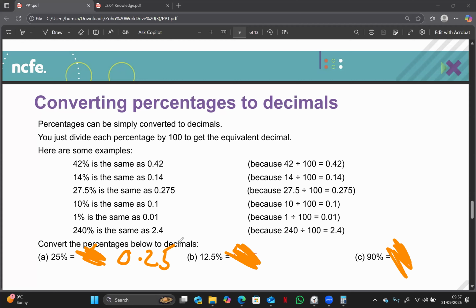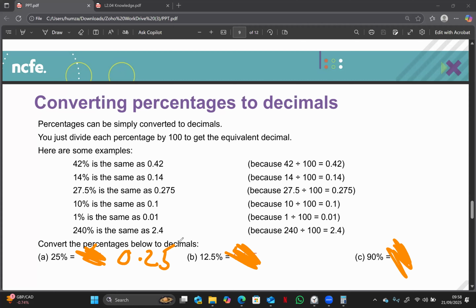And the second one? B, 12.5%. Remember, over 100, not times. Remember, you can use your calculator for these, so make the most of it. Remember, with a percent we want to divide, with a decimal we want to times.